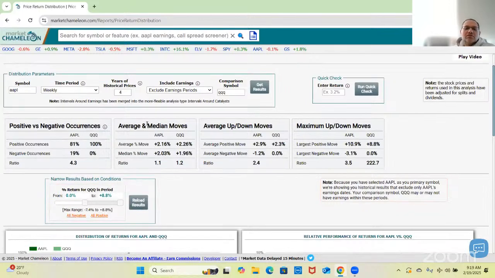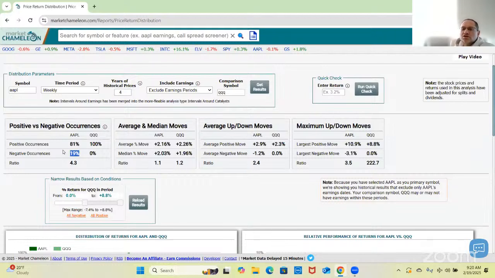I'm going to reload the results. So we could see here that now, obviously, for QQQ, we changed the calculator. They're all positives, no negatives, but we could see that most of the time, Apple was up 81% of the time, but not every time. So QQQ could be up on the week, but history shows that 19% of the time, Apple was lower.